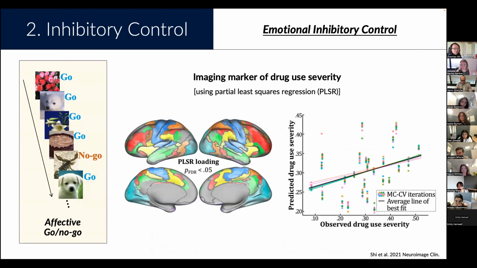We also did a multivariate analysis and found that the overall drug use severity score was associated with a large-scale pattern of deactivation during emotional inhibitory control, which suggests that the impact of addiction on this kind of inhibitory function is probably not just mediated by one region, but by multiple brain regions across the entire brain.